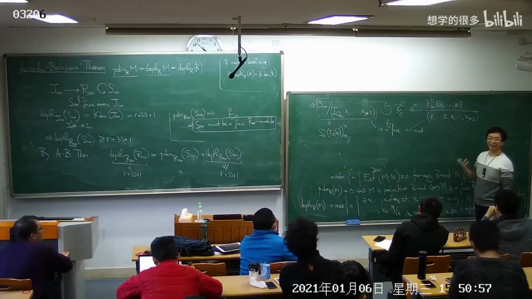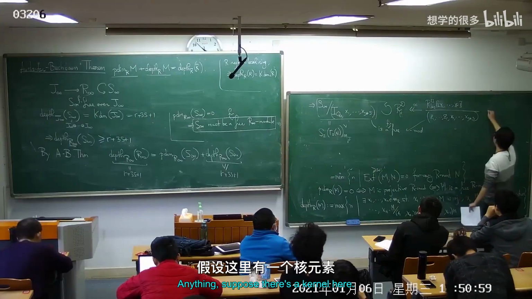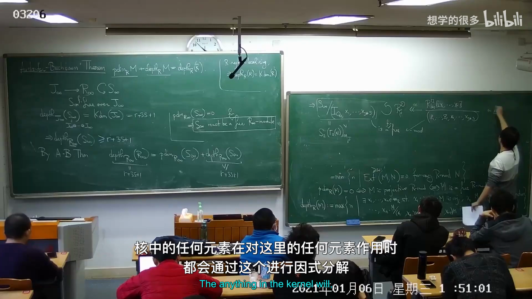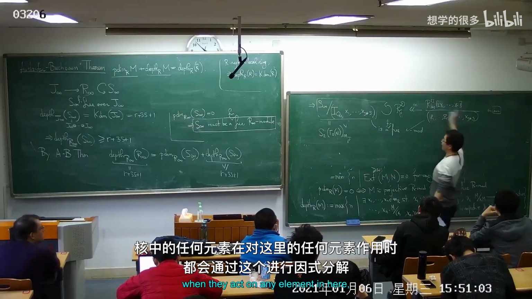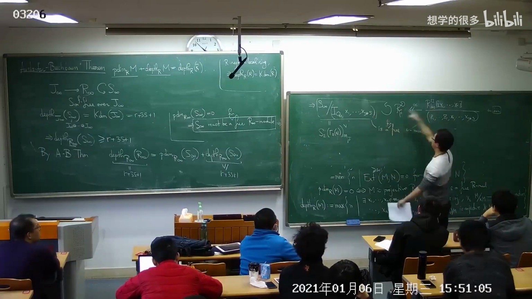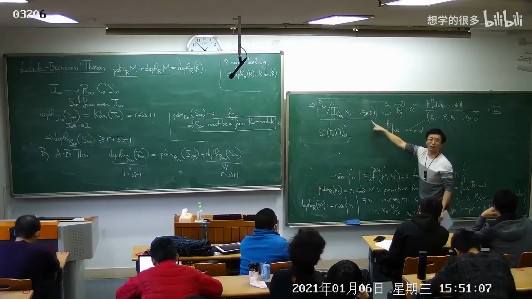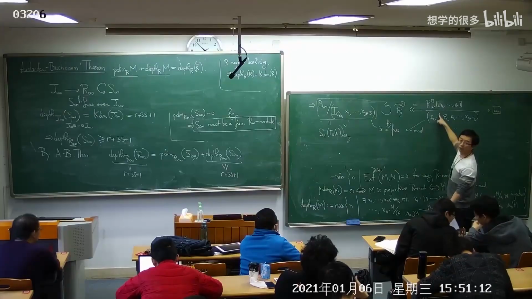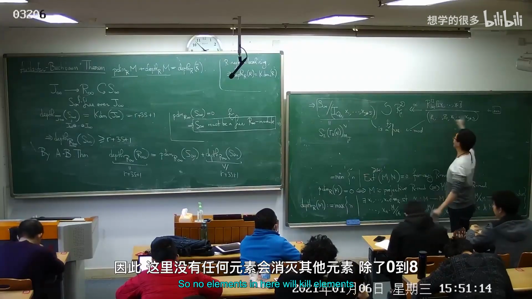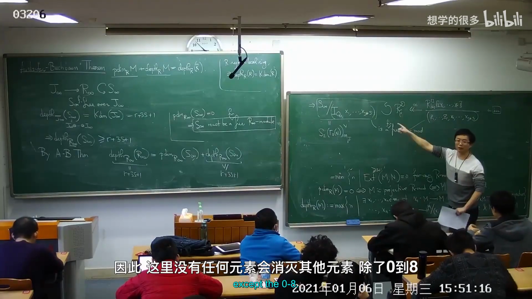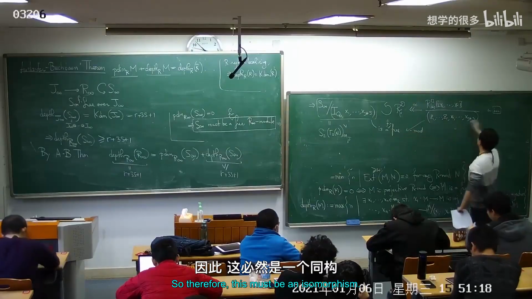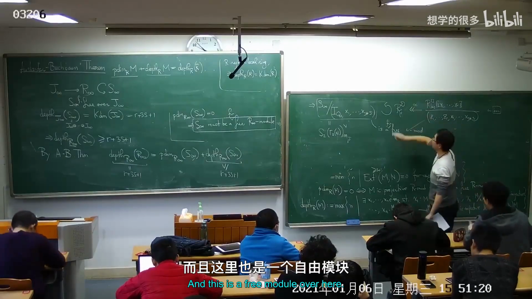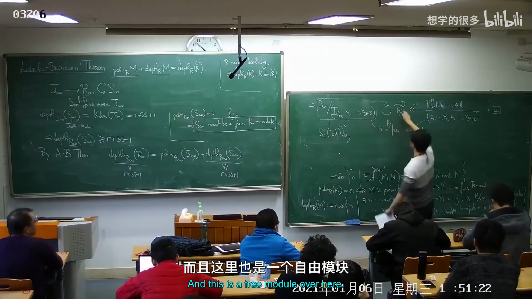Supposedly there's a kernel here, then anything in the kernel, when it acts on any element in here, will factor through this thing and kill the corresponding element. But this is a free module over here, so no elements in here will kill elements in here, except the zero element. So therefore, this must be an isomorphism, and this is a free module over here.